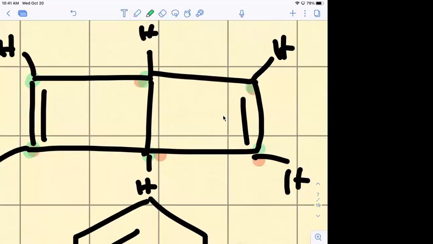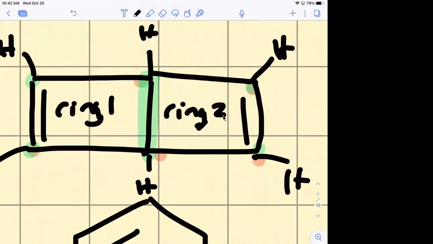Two rings. This bond right here in the middle makes this bicyclic, so you got two rings fused together. This is ring 1, and then this will be ring 2. So that's 2 rings and 2 double bonds.